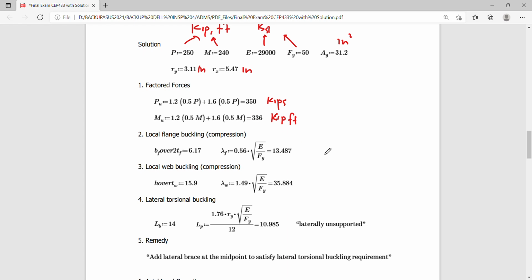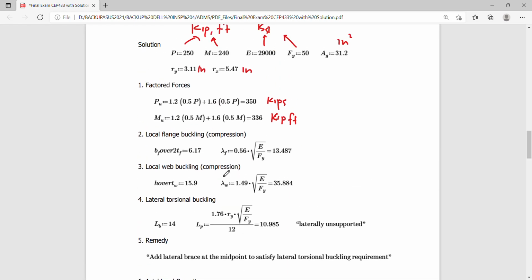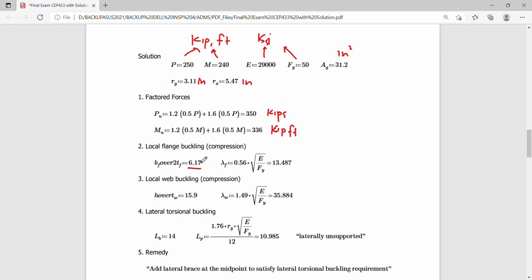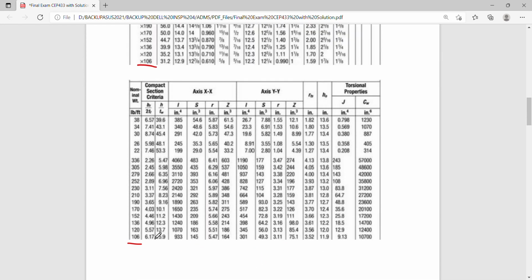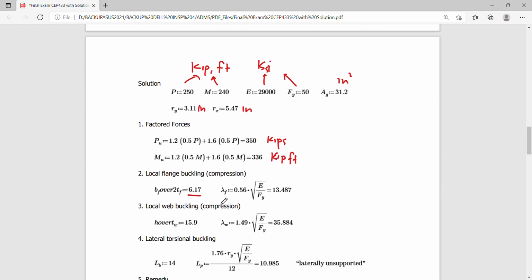For the local flange buckling check in compression, we simply get the values from the table. Automatically the values are 6.17 and 15.9 for the width-to-thickness ratios of the elements. These are compared to the limits provided by the AISC: 0.56 square root of E over Fy and 1.49 square root of E over Fy.